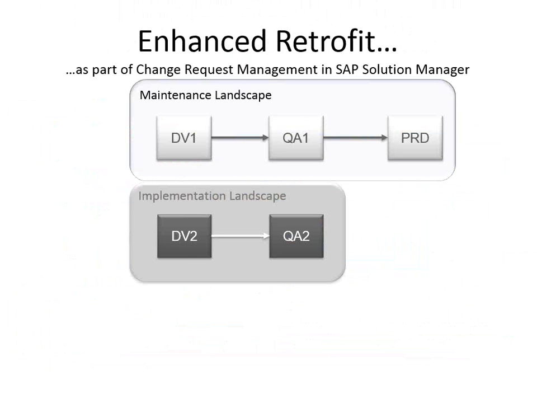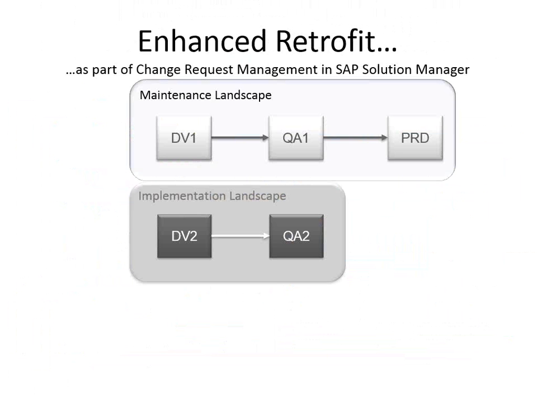Okay, another one is retrofit. So what is called retrofit? Some organizations might have a project landscape as well as a maintenance landscape. What's the difference between the project landscape and the maintenance landscape?